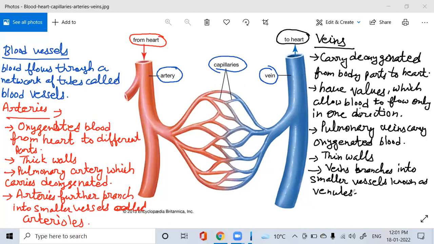Venules, right? That is all about arteries and veins, right?